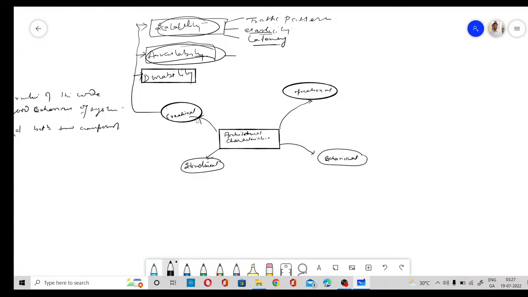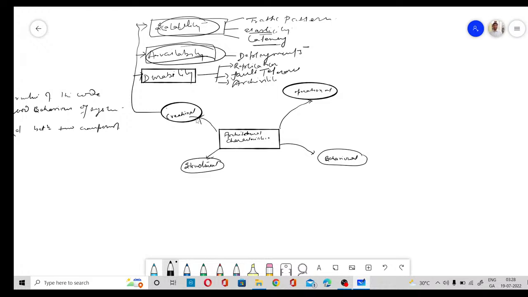And then durability consists of multiple things: whether your system is replicable or not, whether your system has good fault tolerance or not, and whether your system has good archivability or not, so that at any point of time you can archive and retrieve some data and so on.